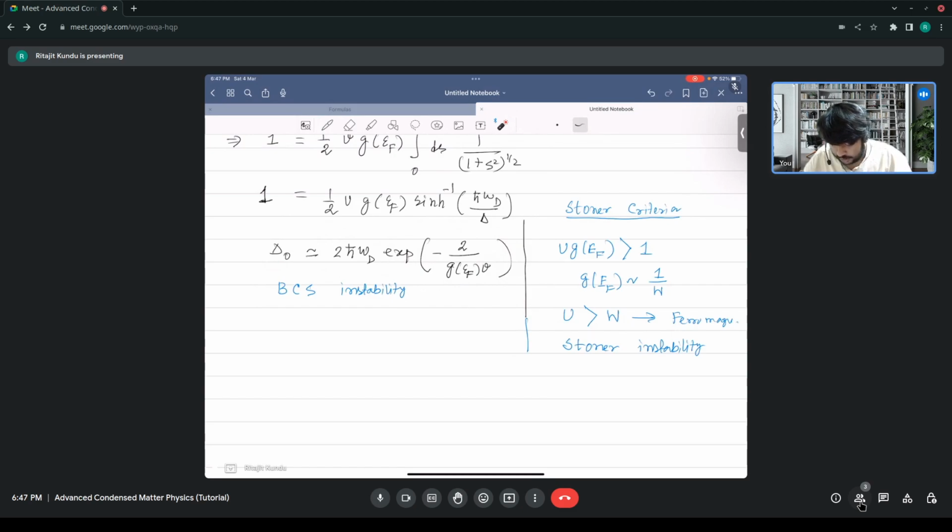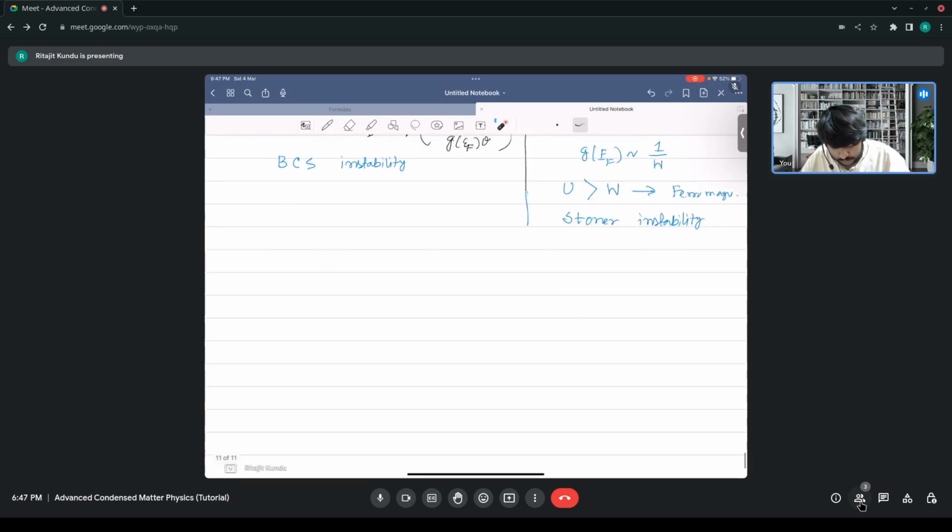One other thing: we were talking about these factors, sine theta k and cosine theta k. In the literature, these are called coherence factors.